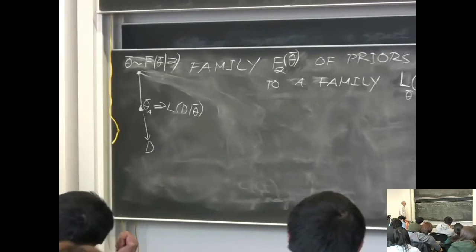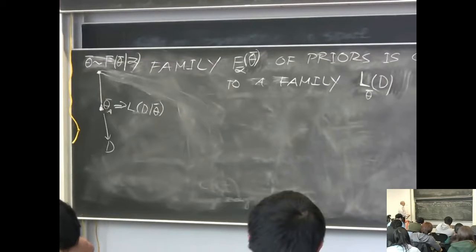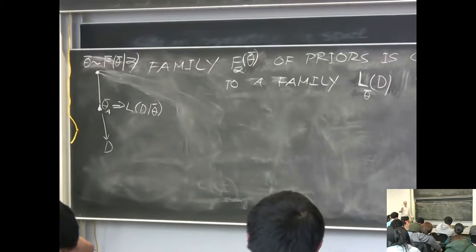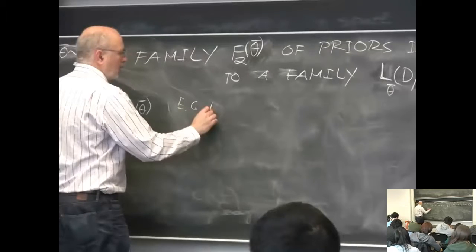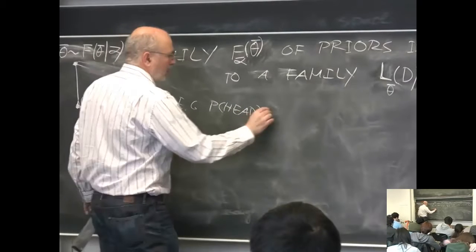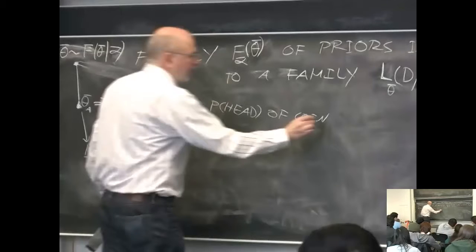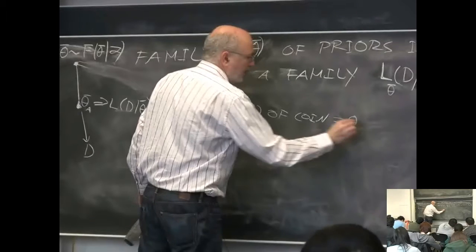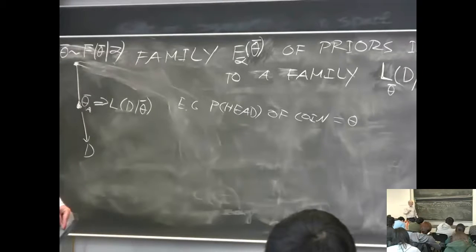What else do I want to say about that? Let's give an example: flipping a coin, the probability of head. The probability of head itself is theta. The theta bar is just a single parameter, theta head.